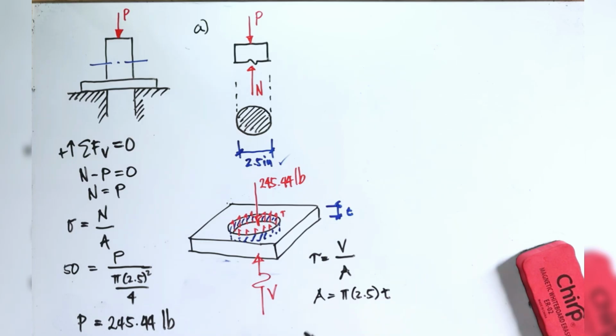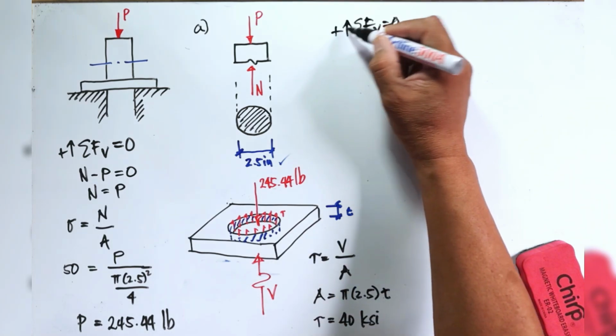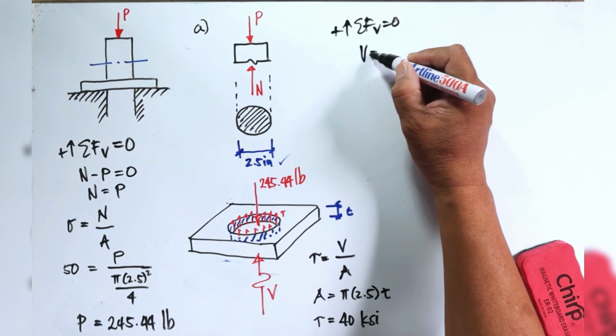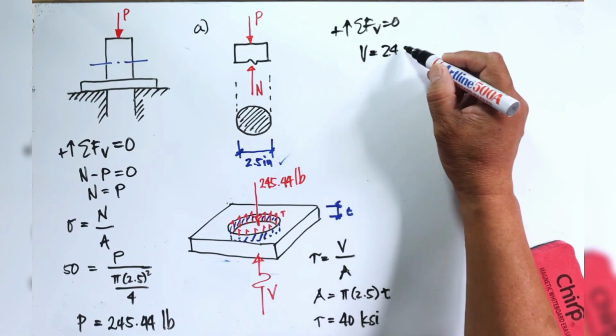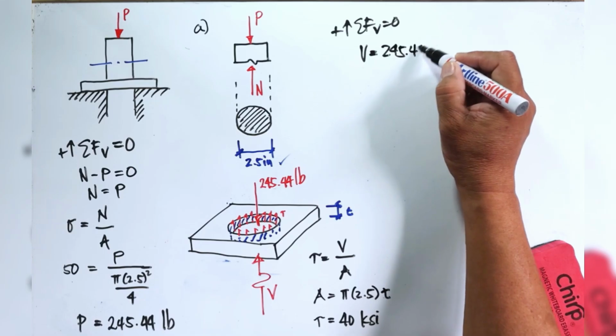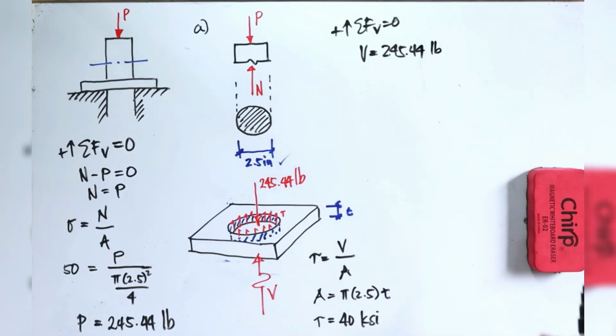Our shearing stress is given to be 40 ksi. And then from summation of forces vertical, we can see that our V is equal to 245.44 pounds.